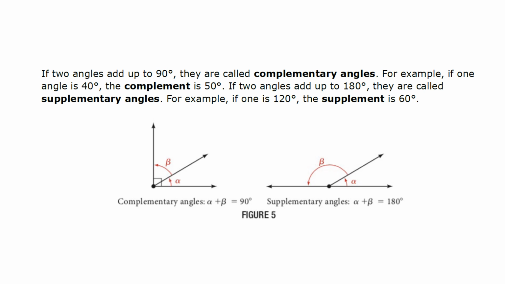For example, if one is 120 degrees, the supplement would be 60 degrees, because 120 plus 60 equals 180 degrees. So two angles that add to 90 are complements of each other, and two angles that add up to 180 degrees are supplements of each other.